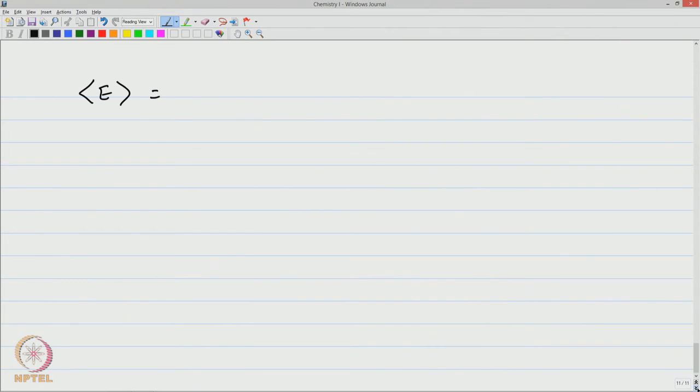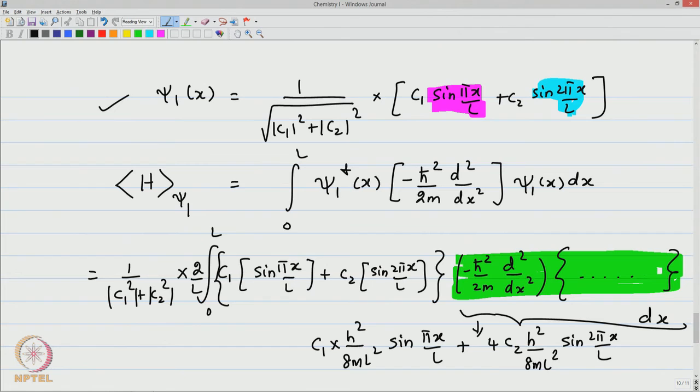Therefore, you can write the answer immediately as 1 by |C1|square plus |C2|square times C1 star, C2 star.